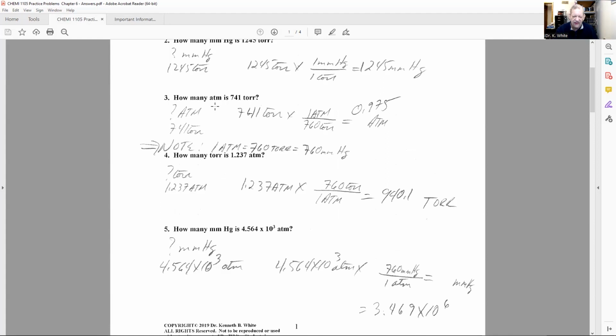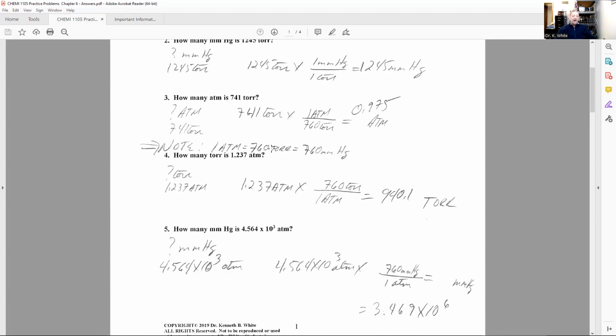Now, let's look at number 3. How many atm is 741 torr? ATM is the abbreviation for atmospheres. That is a unit of pressure. So is torr.